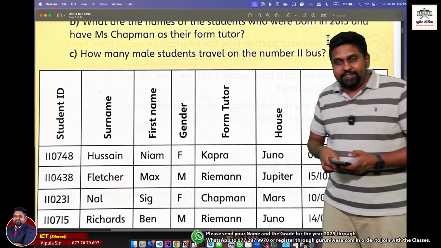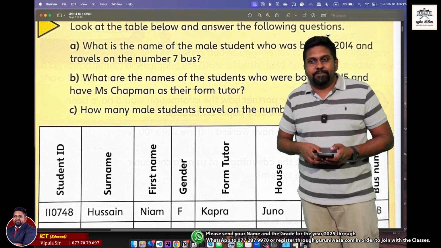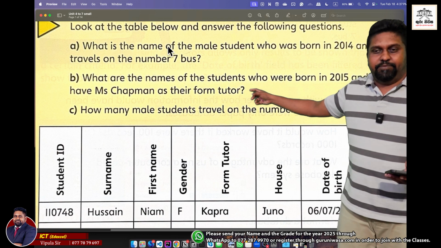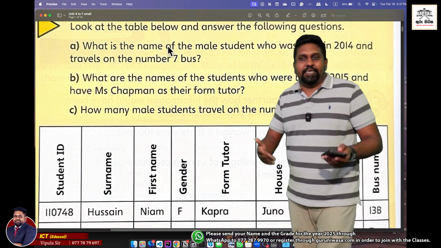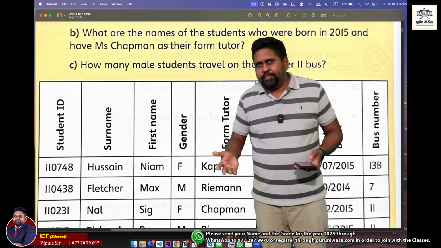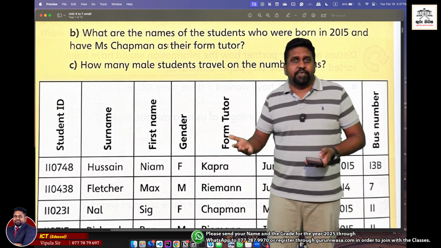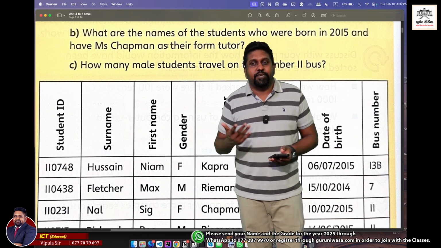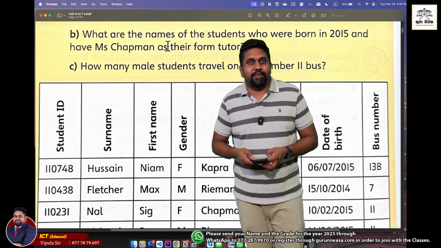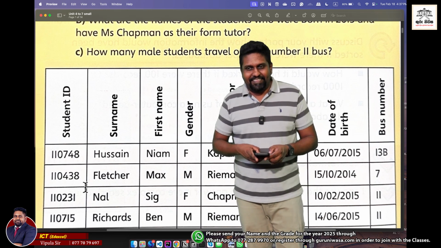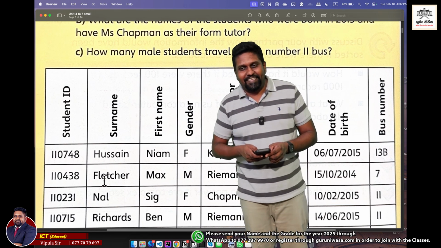So the answer for this first question, if it is asking for the name, is simply Max. If you get this question in a paper, it's better to write the full name as well. So you can write it as Max Fletcher.